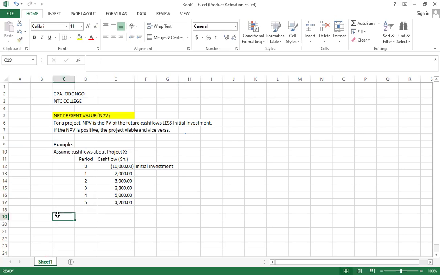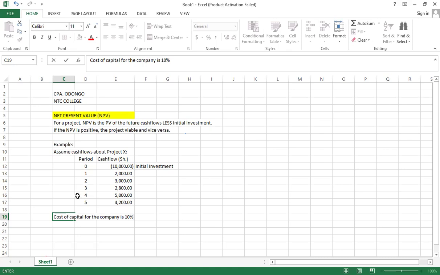Then lastly, we'll say that the cost of capital for the company is something like 10%.